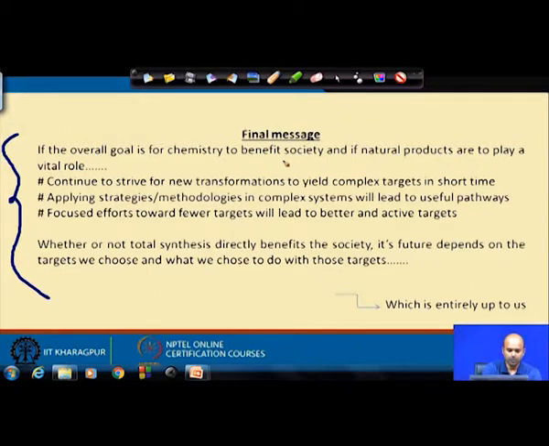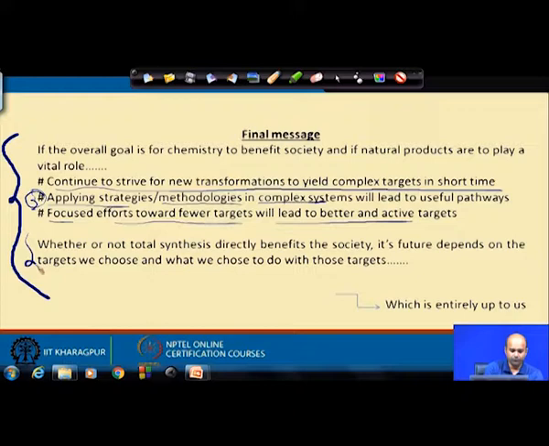How? We have to think about how new transformations or new organic reactions can give you complex targets in a short time, applying different strategies and methodologies in complex systems. This particular point will be our guiding principle for retrosynthesis design, and this effort should be focused and streamlined to make target molecules.